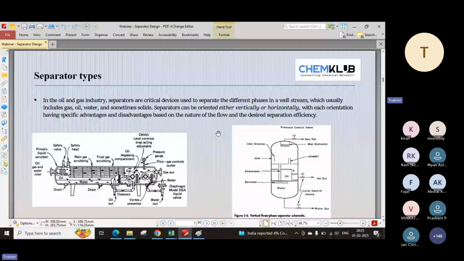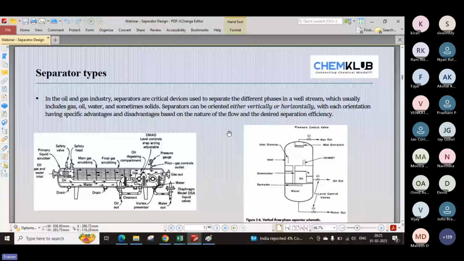Separators are typically a critical one because they give you the primary separation, whether it is a two-phase separation coming from the reactor, or suppose you have a distillation column followed by an air cooler and a trim cooler, and then you have a separation.